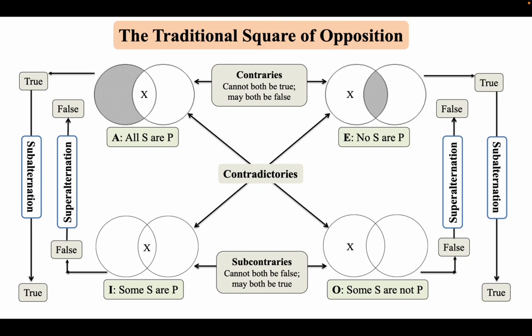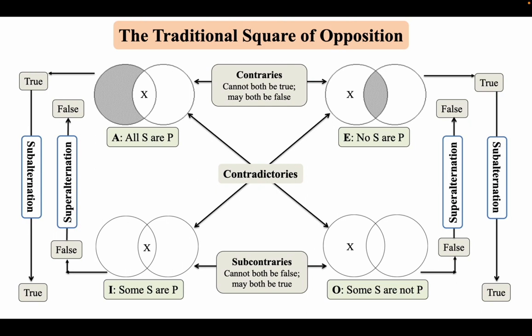Now, naturally, you notice that the I form and the O form also have x's in the diagrams because of obvious reasons, because they are particular statements, so they require an x.